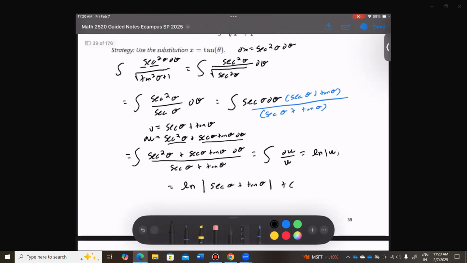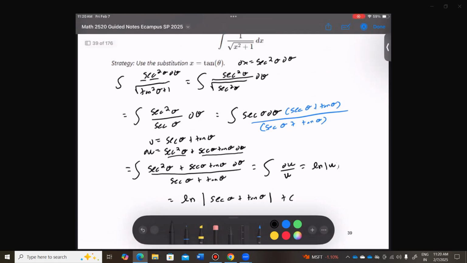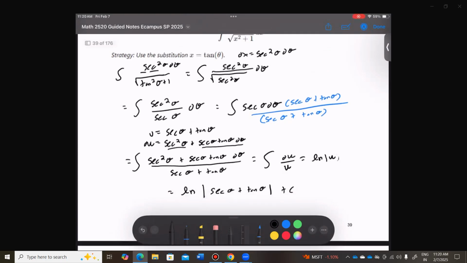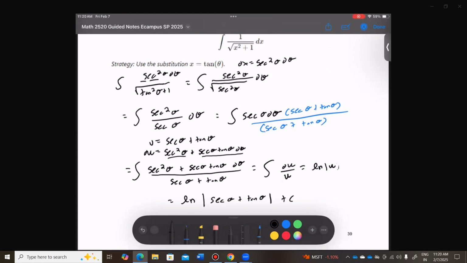Our substitution was that x equals tangent theta. So we have to bring that into it. That means that if x equals tangent theta, then our secant theta will equal the square root of x squared plus 1.